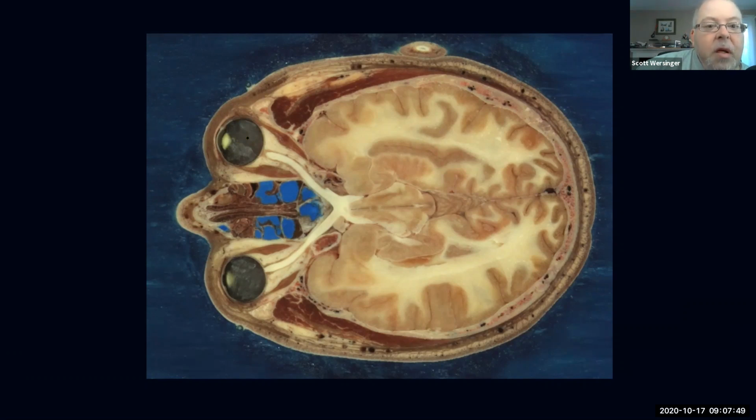In this inferior view, we're going to have our eyes. You can see the lenses here. This right here is going to be the optic nerve from the eye up to this structure. Where the two optic nerves meet, this structure is called the optic chiasm. From here, you can see bundles of fibers leaving on their way to the thalamus, to the lateral geniculate nucleus.